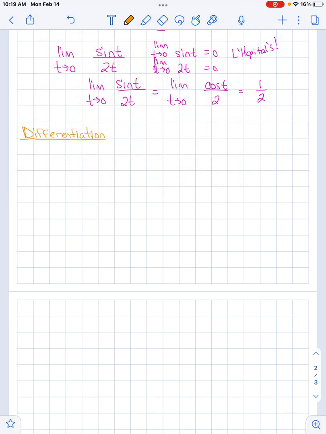I'm going to make my pen just a little bit thicker. If we have a position vector, we'll call it r of t, and if that position vector is x of t, y of t, then the velocity is the derivative of that position vector.